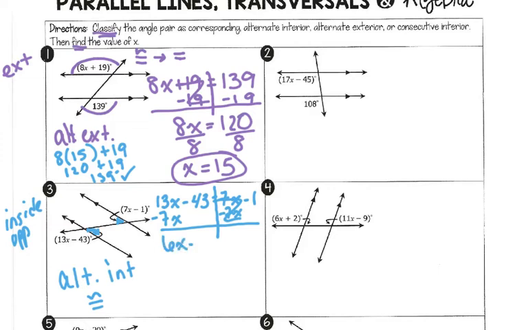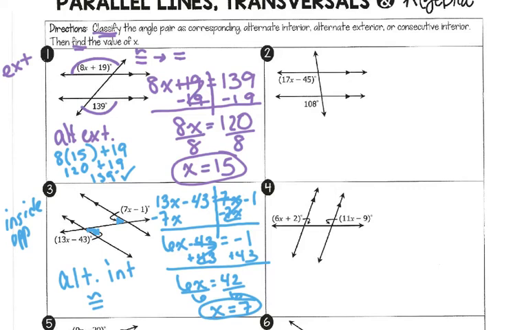So 6x minus 43 equals negative 1. Add 43. So then you get 6x equals 42. Divide by 6, and you get x to equal 7.